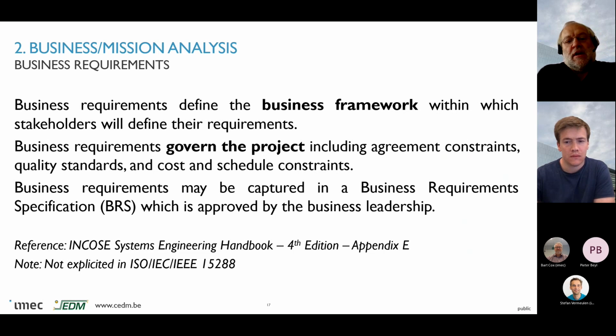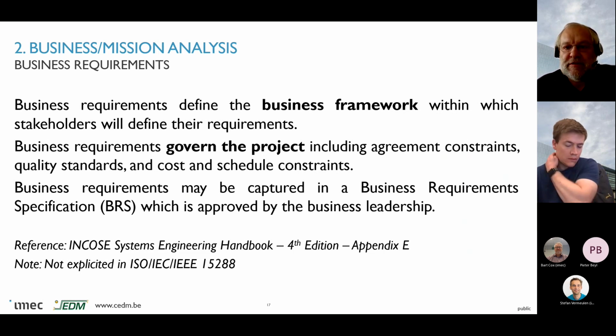Now, this is not explicitly required by the systems engineering standards, but I think it's really a recommendation to write something down which clearly states the framework in which the product development needs to be done.